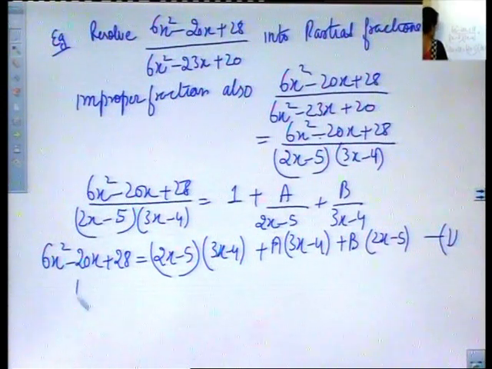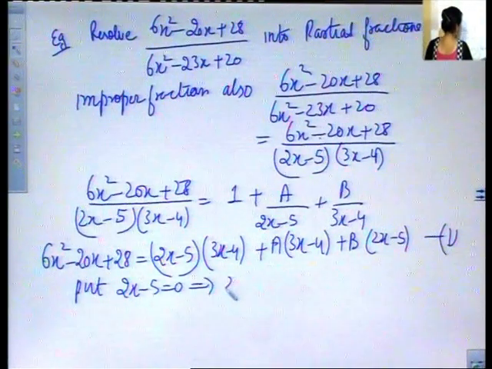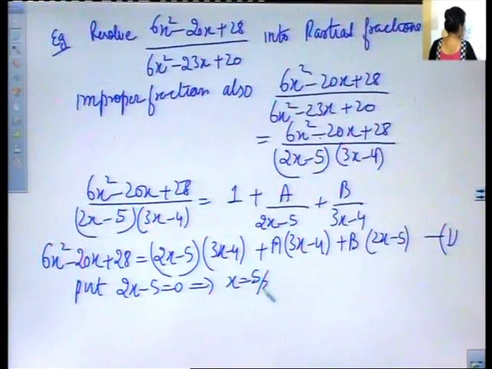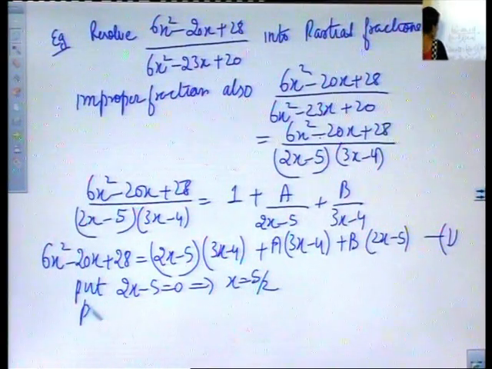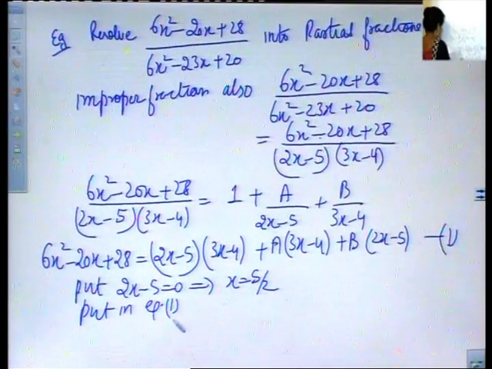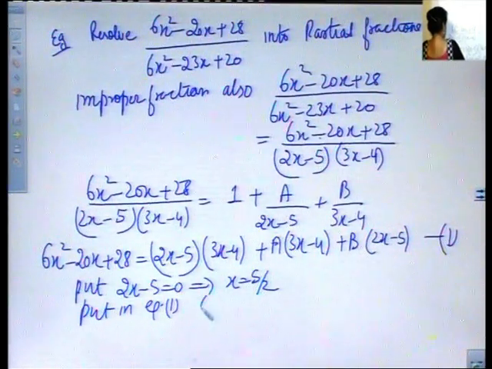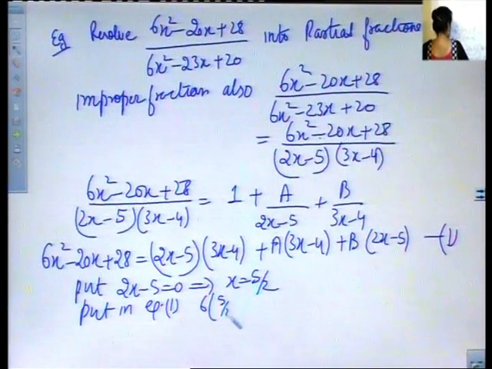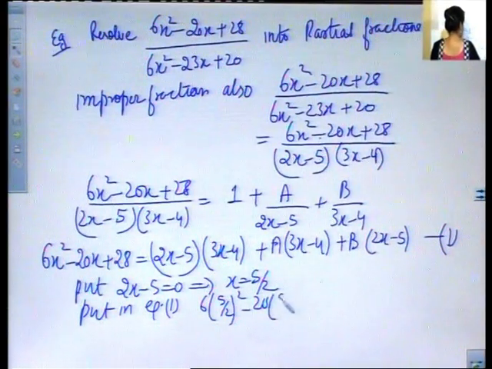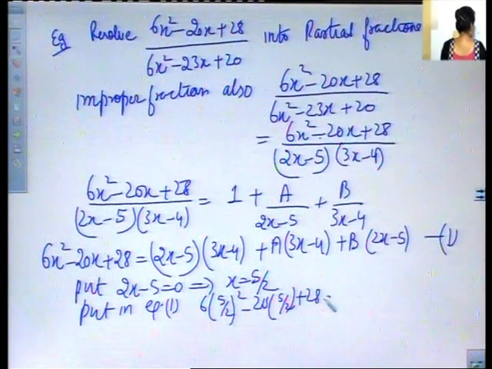Now, put the factors equal to 0, put 2x minus 5 is equal to 0, therefore x is equal to 5 by 2. Put this value in equation 1, we get 6 into 5 by 2 whole square minus 20 into 5 by 2 plus 28.